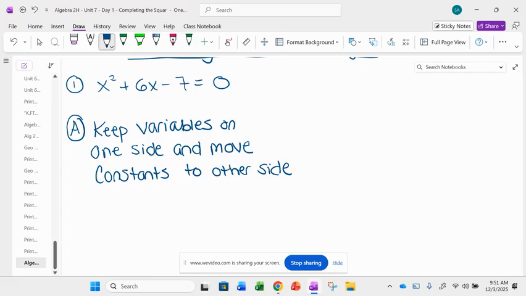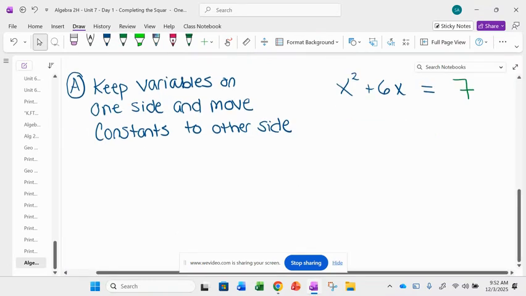How am I going to move -7 to the other side? Add 7, exactly. So this is going to become x squared plus 6x equals +7. We good with that? Okay, next step.